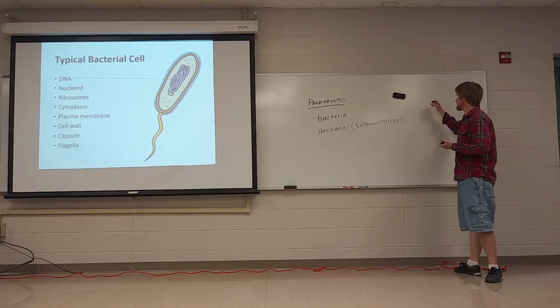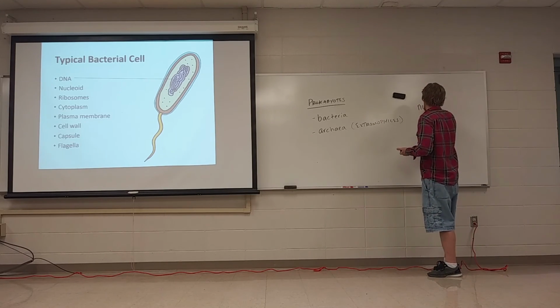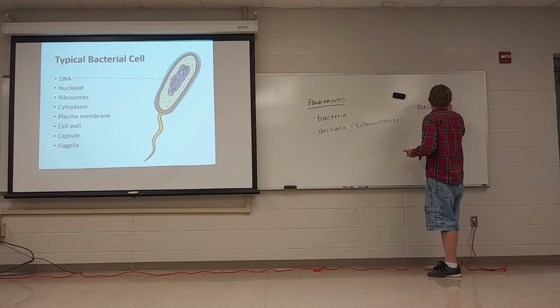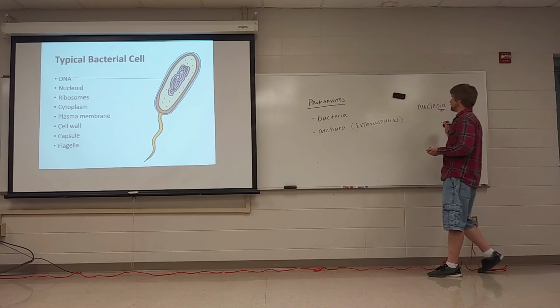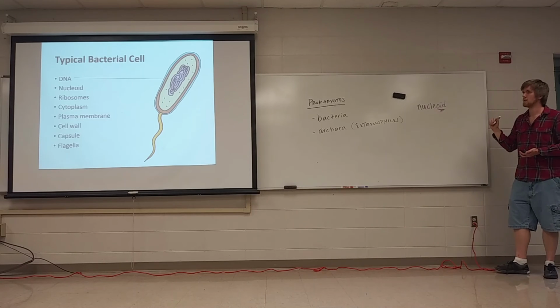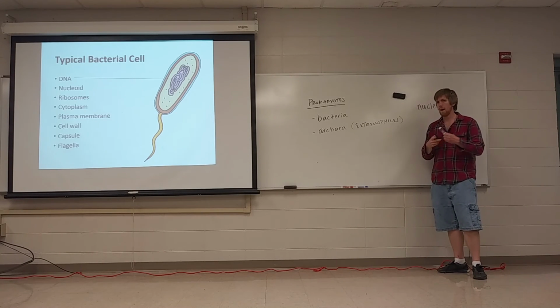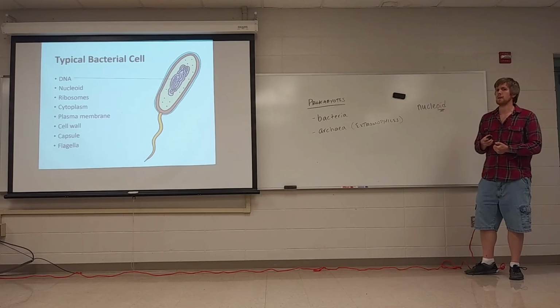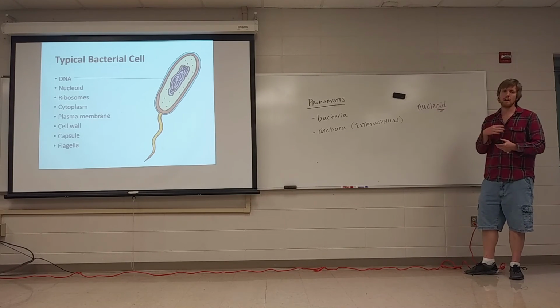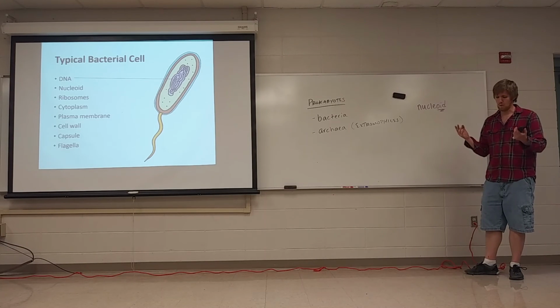I want you to look at the second word up there. It's nucleoid. Think of the suffix, oid. This is the best example I have for this. Think about an alien that is a humanoid alien, right? You can tell they're kind of human-like. Maybe they have 2 arms, 2 legs.